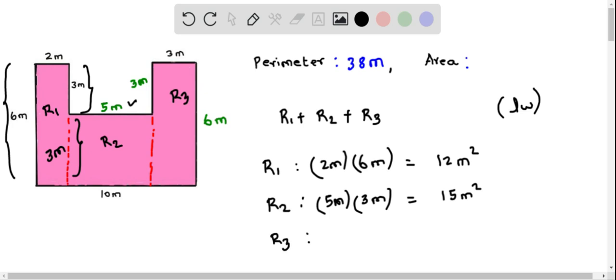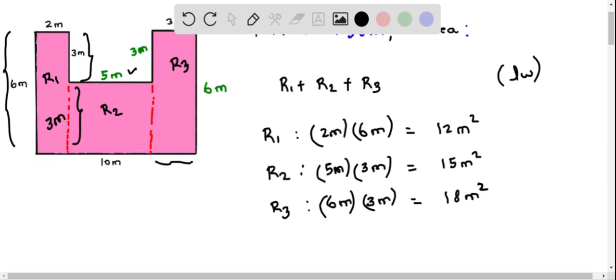And then finally, we have this third rectangle R3. For this, the length is 6 meter. So I write 6 meter for the length. And the width is 3 meter. So 6 times 3 is 18 meters square. Now we have to add up the areas of each of these three rectangles, which gives the area of this non-standard shape. That is R1 plus R2 plus R3.